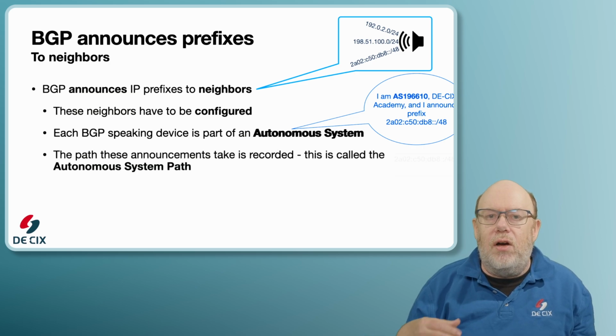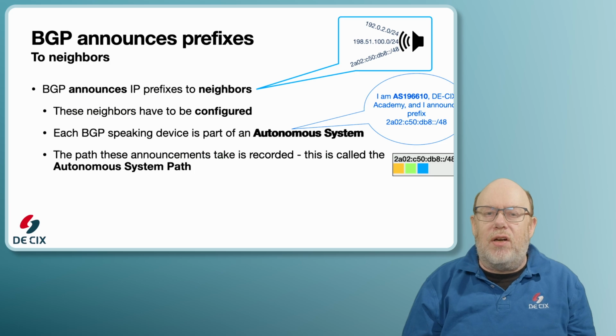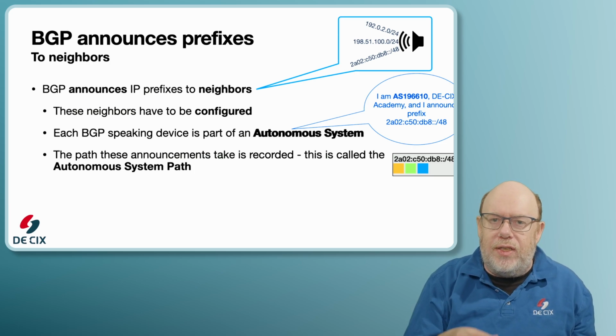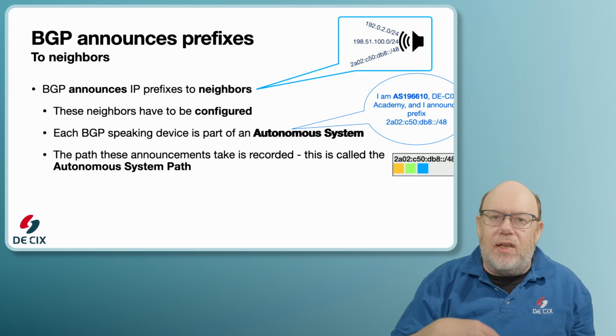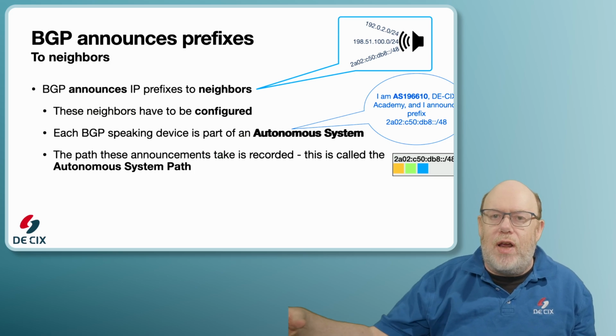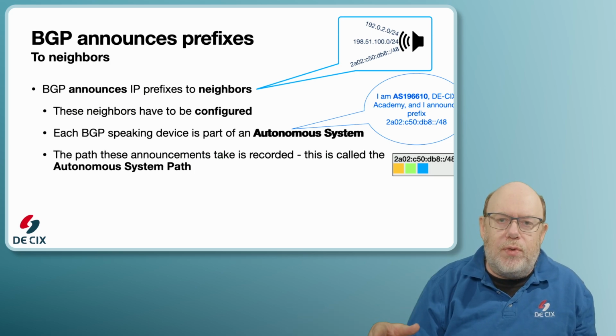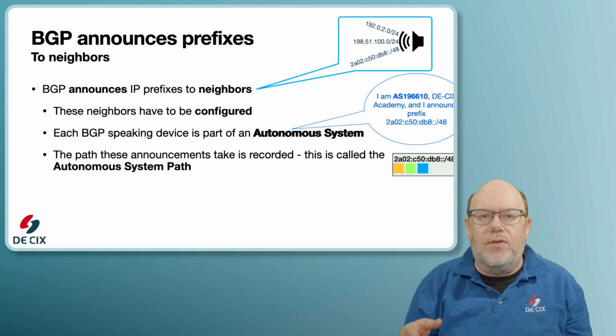This is my autonomous system number. And the recording I showed in the past with the colored dots, that's called the autonomous system path. That's the path this announcement has traveled so far. So the blue one announced it first to the green one, who announced it to the orange one. This is the autonomous system path.